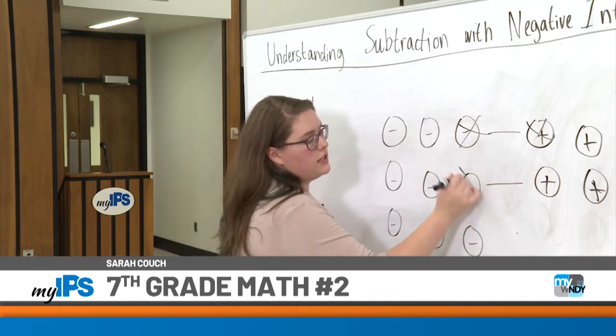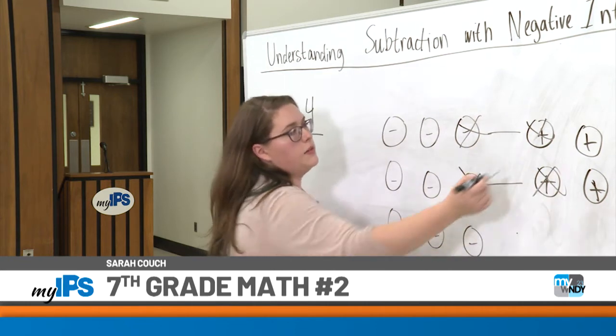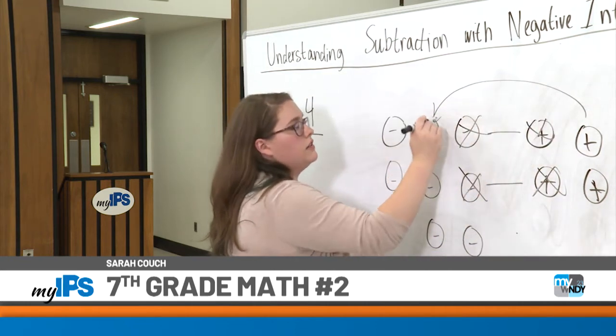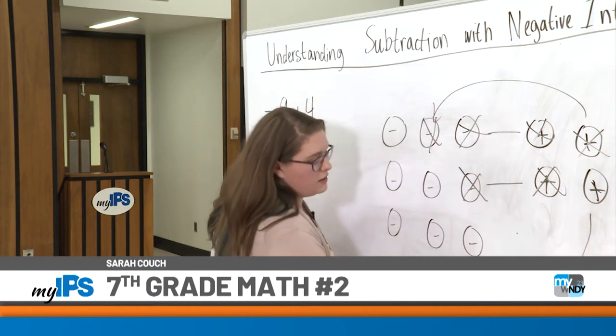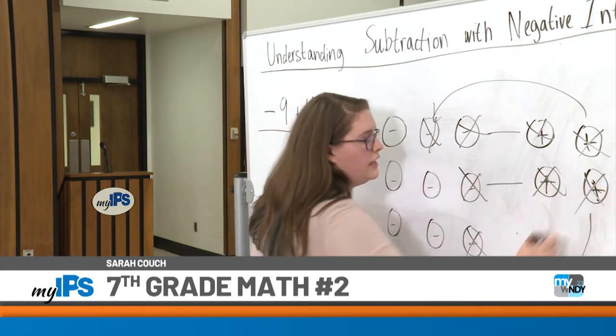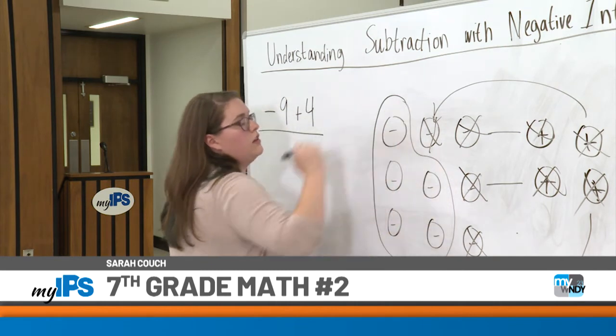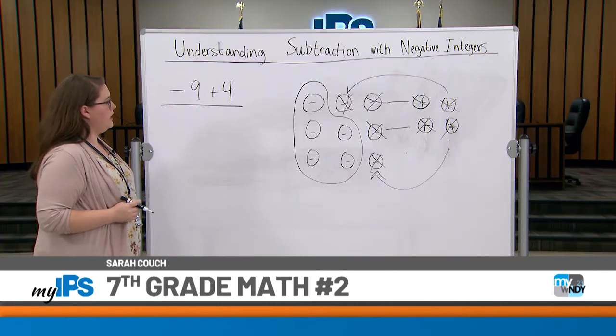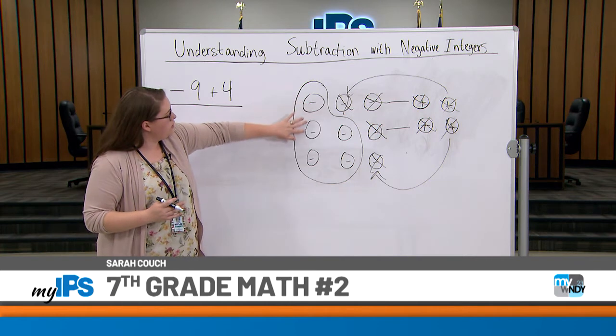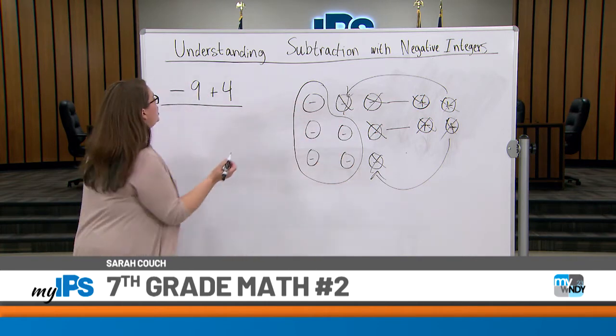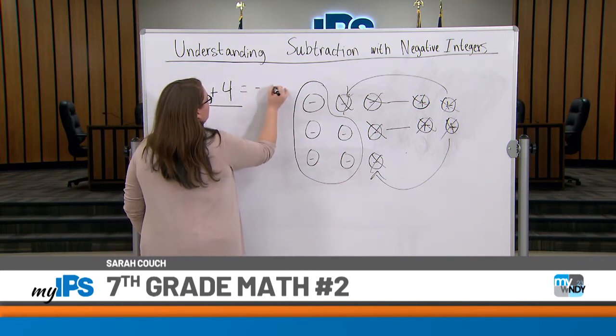This positive can match with this negative, cancel each other out. This positive guy can go over here, cancel these guys out. This guy can meet up with this one, and they cancel each other out. So that means that we have this amount left. And what is that value? 1, 2, 3, 4, 5 negative chips, which results in our answer being -5.